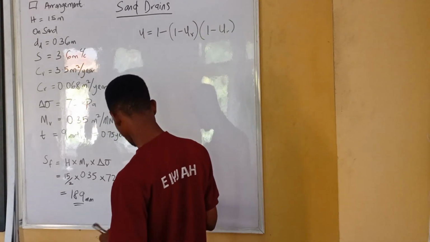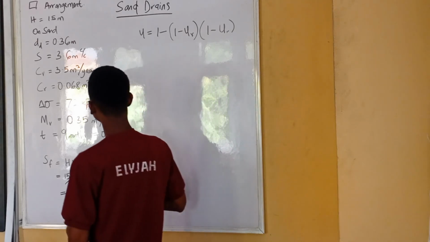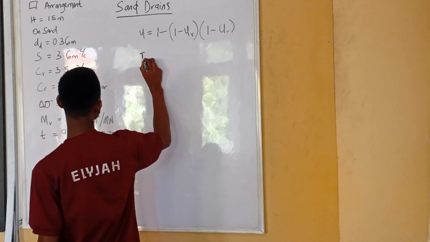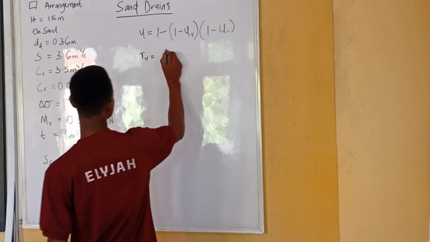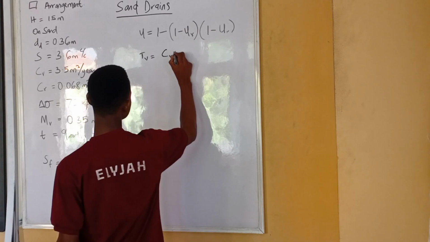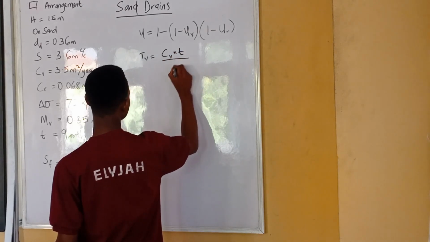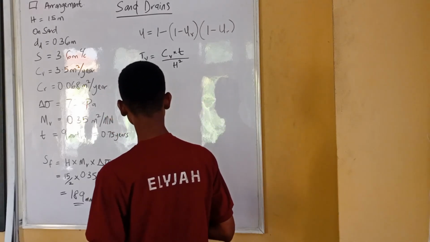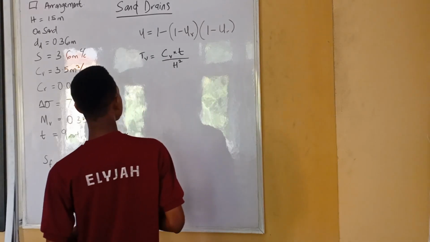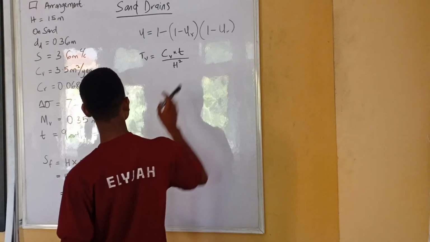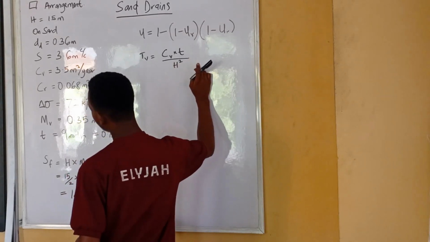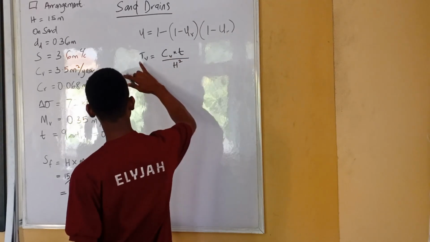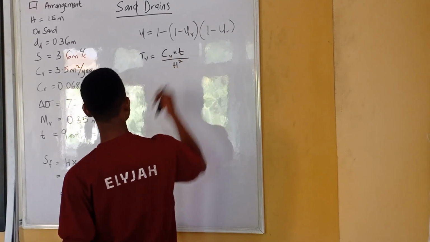So to get our UV now, we need to find our TV, and TV equals CV multiplied by T divided by H squared. Like I said the other time, CV is the coefficient of vertical consolidation, while TV is a factor used in calculating this.